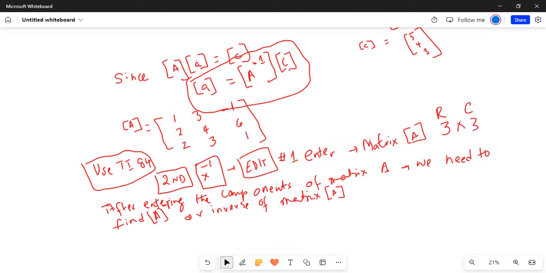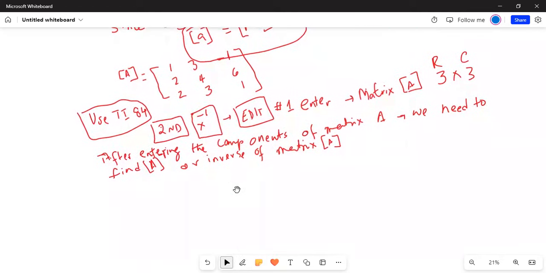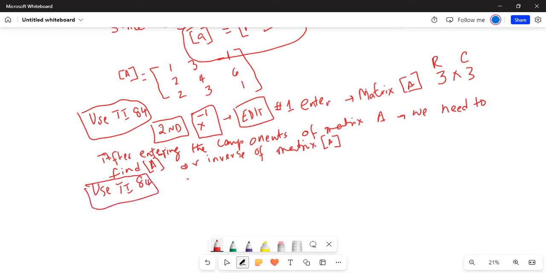Again, use TI 84. Press the second button, then the X minus 1 button, and then number 1.